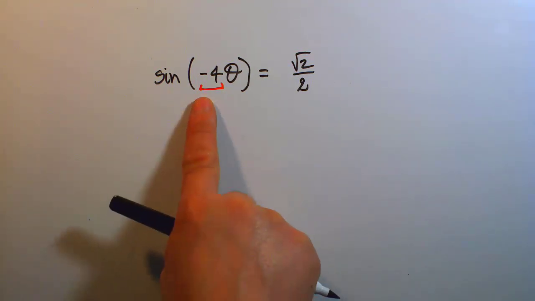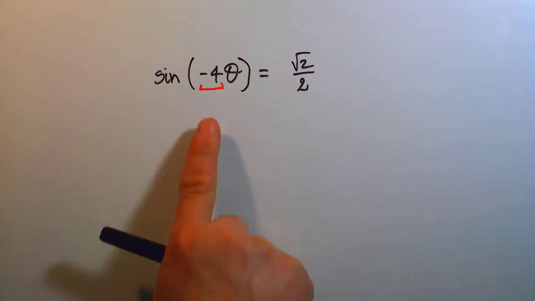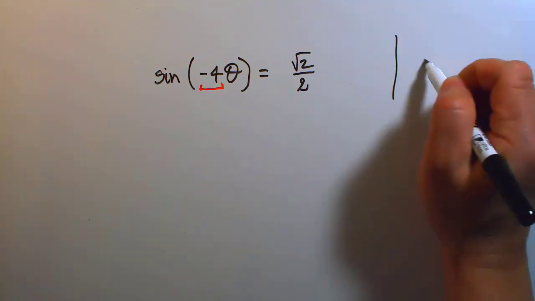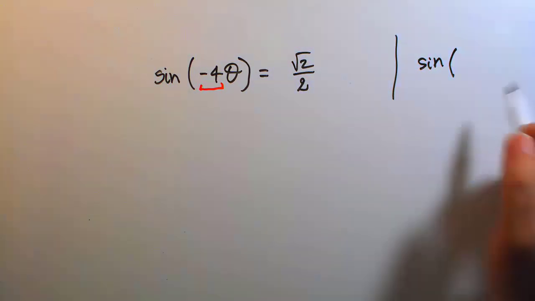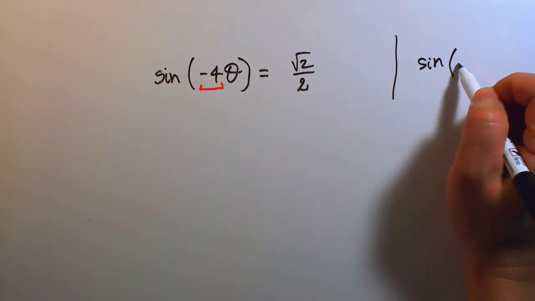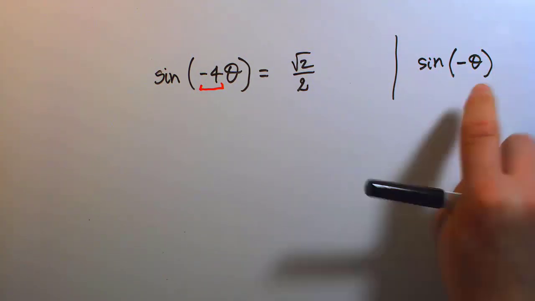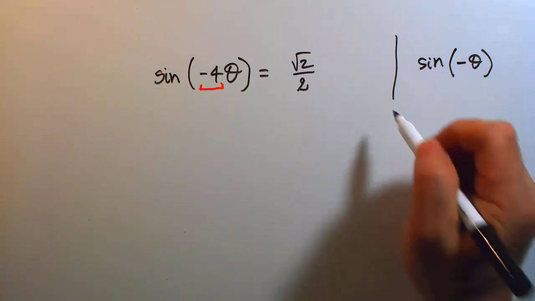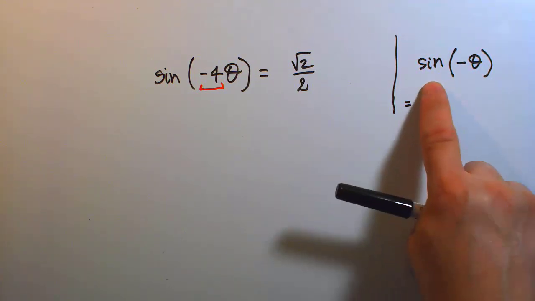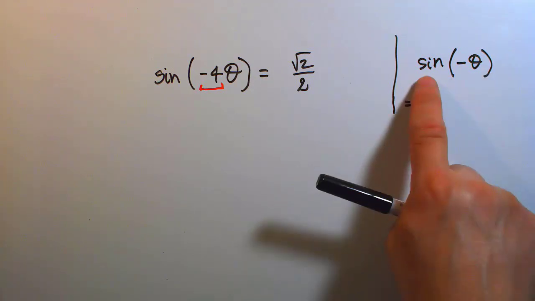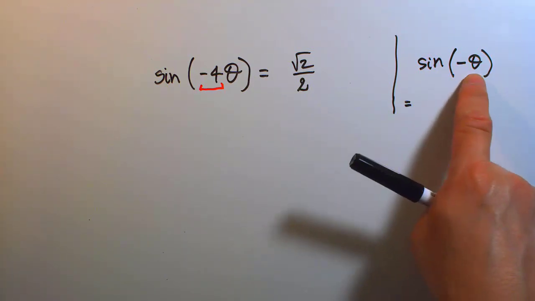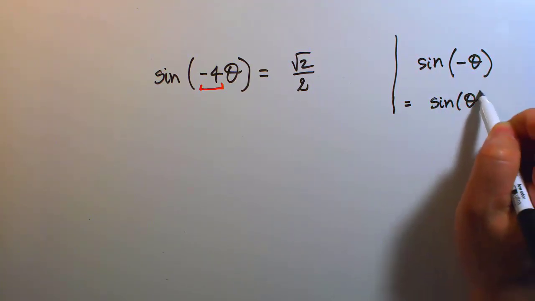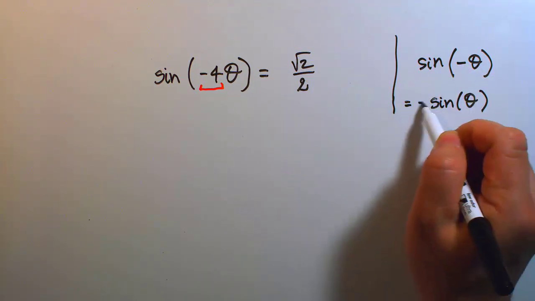So with a negative coefficient in front of your theta, the only trick we need to add before we proceed is to remind yourself that sine is an odd function. When you're taking sine of an expression with a negative sign, we can take advantage of that property. Sine of a negative expression equals the sine of the positive expression, but with the negative sign left in front.